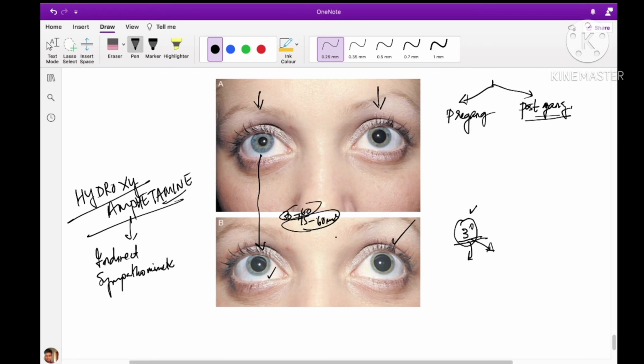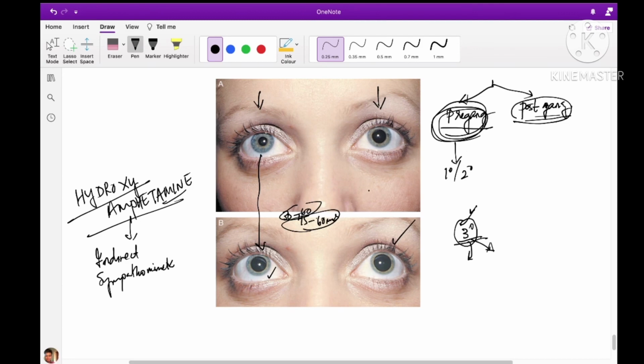Here it has also dilated, so that is why the third order neuron is okay. So the lesion is in the first or second order neuron. So the lesion is preganglionic.